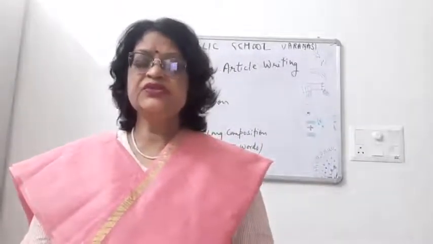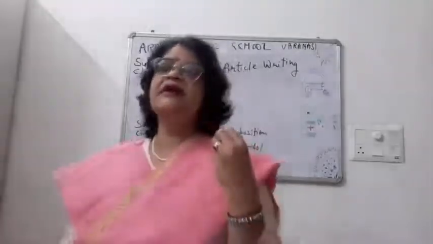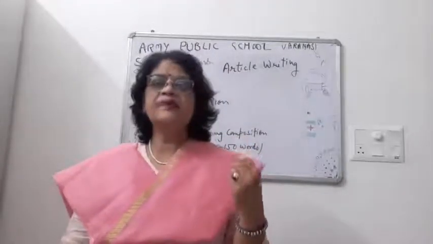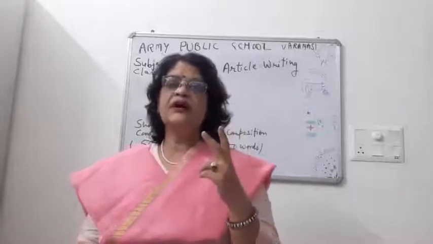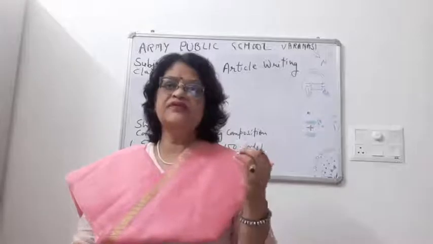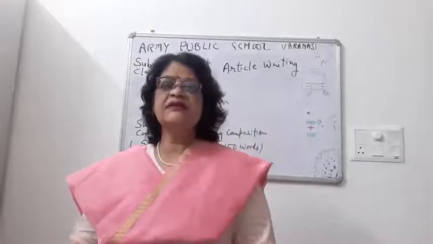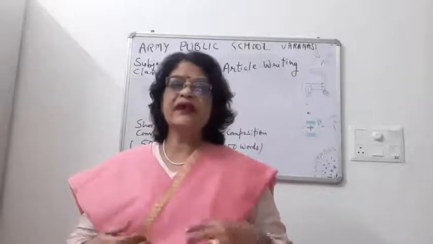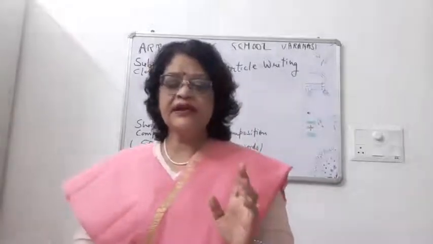Okay, so children, when article writing comes in the examination, sometimes a visual, that means a picture, is given, and on the basis of that picture you have to write an article.